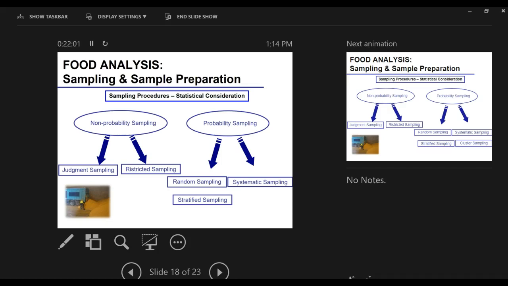Cluster sampling is similar to stratified, so you divide your population across the different plants. But in this case, instead of sampling from each plant, you randomly select which plants to test. And each time you select different plants.